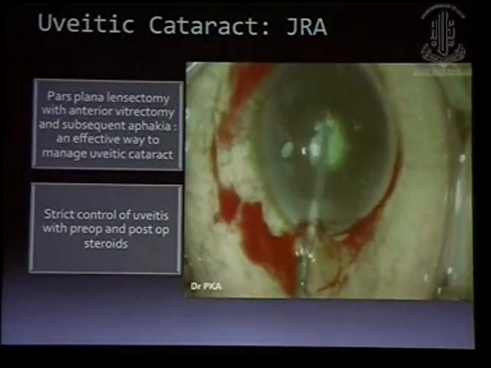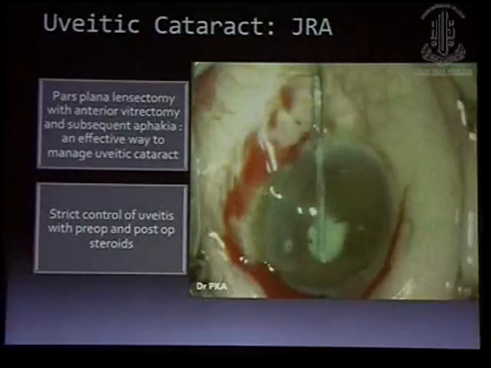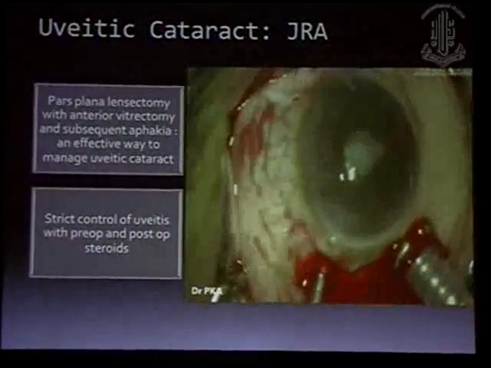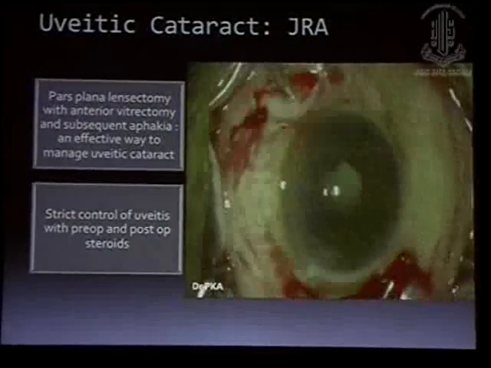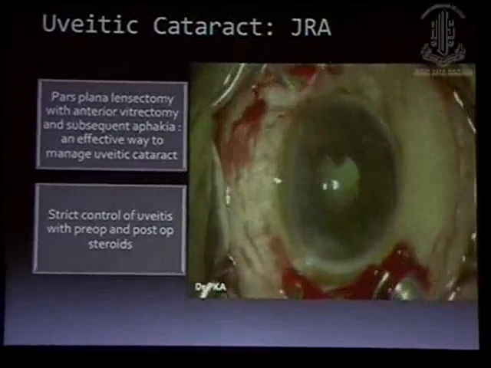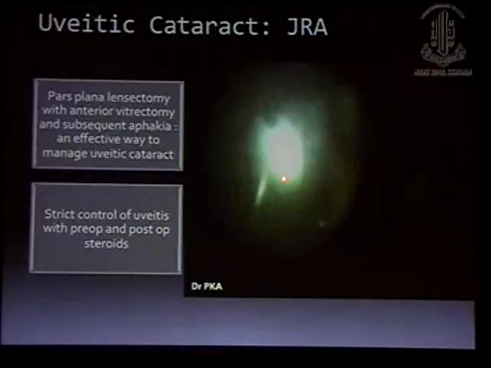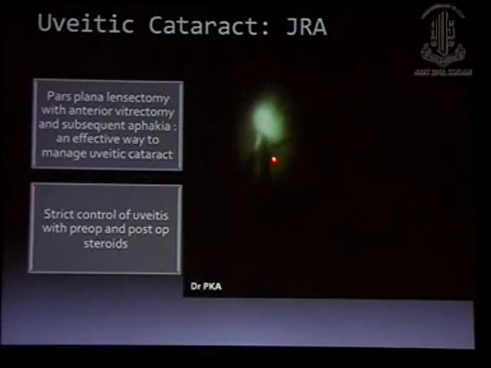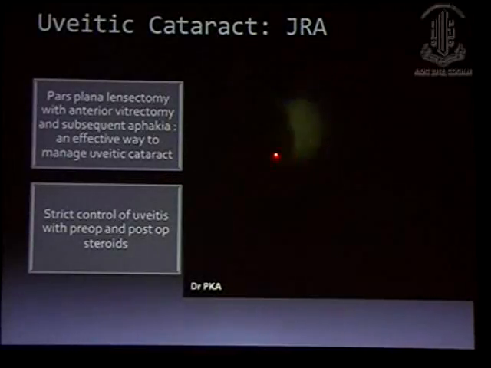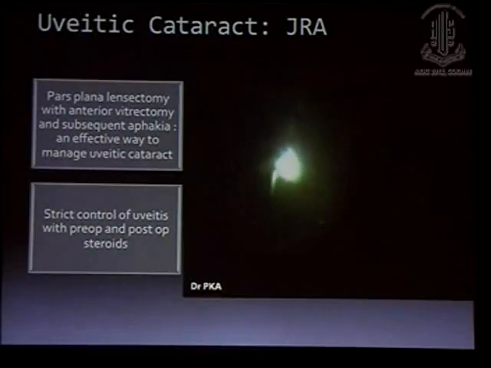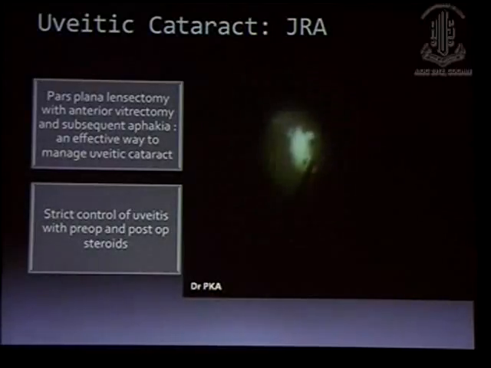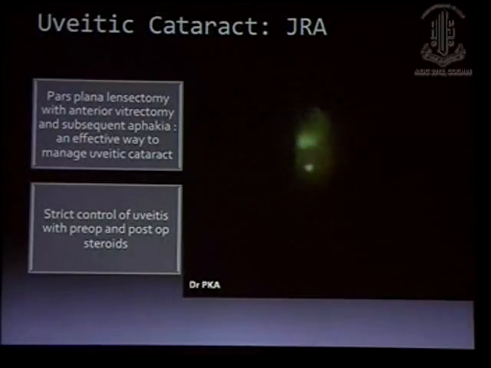The complicated cataract in these cases may sometimes be so hard or calcific or membranous that you may not be able to remove it so easily, and if you have it falling down, you actually may have to crush it between two instruments to fragment it and then bring it out. A good perioperative control of inflammation is a must in any kind of cataract extraction in patients with GRA.